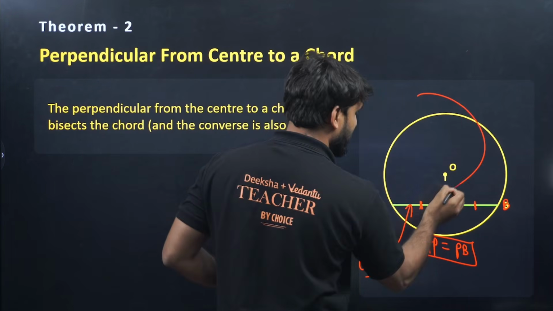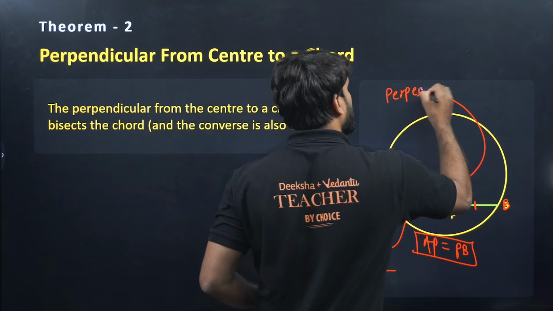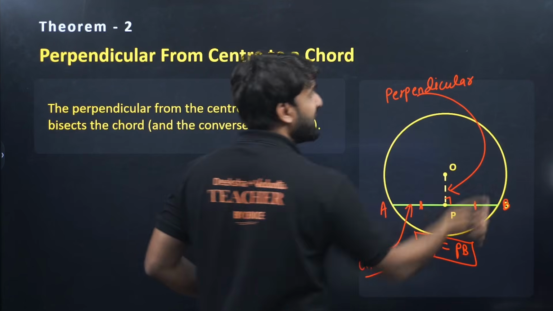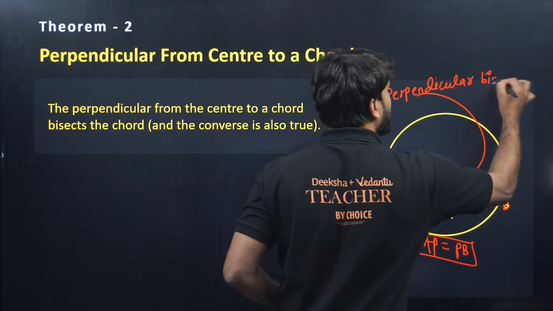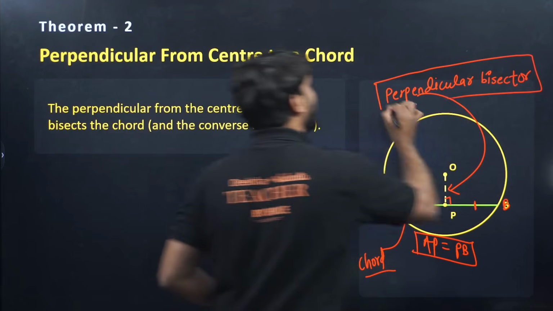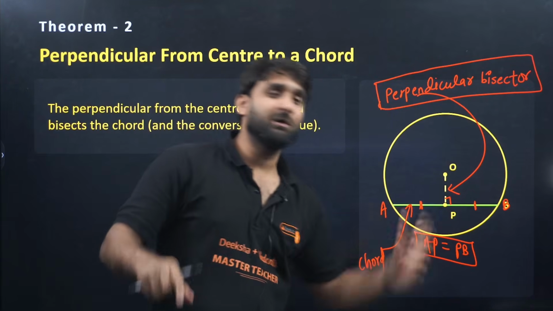Now we can say this is working as a perpendicular. Why perpendicular? Because 90 degrees. And we are mentioning the word bisector. Why bisector? Because the chord is getting divided into two equal parts. AB was the complete chord, but here AP will be equal to PB.